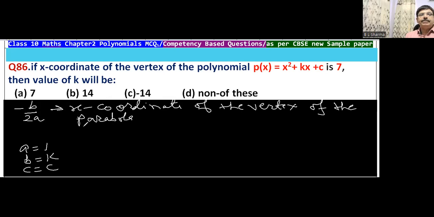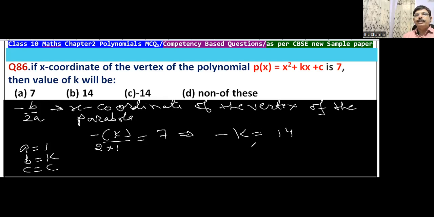In place of b you put k, a is 1, and it is 2 into 1 because 2a, and it is given 7, so minus k is equal to 14. Therefore the value of k is minus 14, and this is the answer of this question.